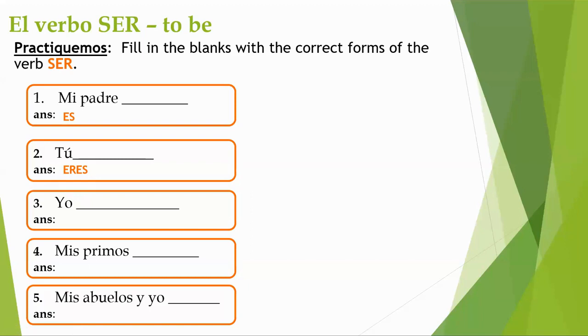If you're talking about your father and you're saying what he does for a living, mi padre es, and you say whatever he is. And mi padre es médico. What did I just say? If I say mi padre es médico. My father's a doctor. Exacto. And notice you don't need to put the definite article or indefinite article in front of that. Just mi padre es médico.